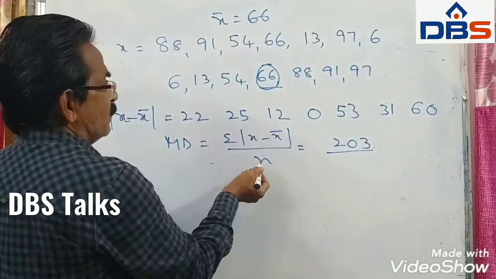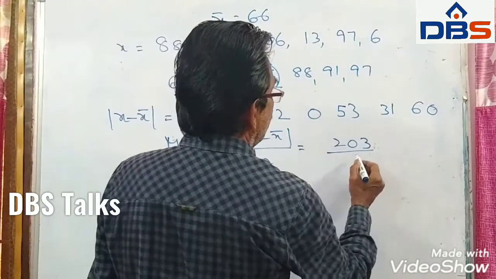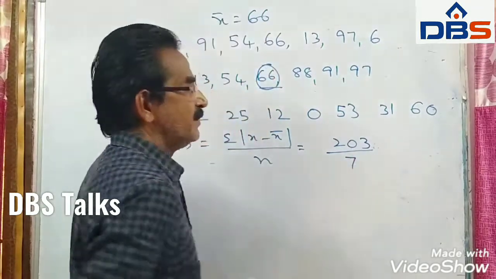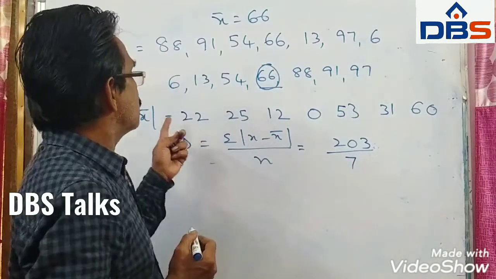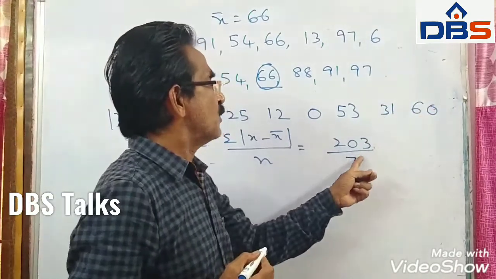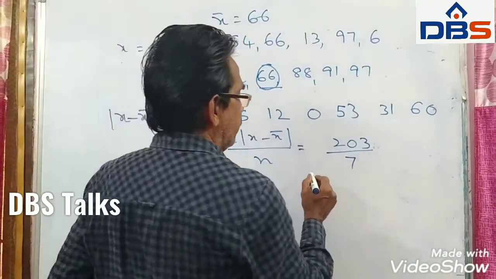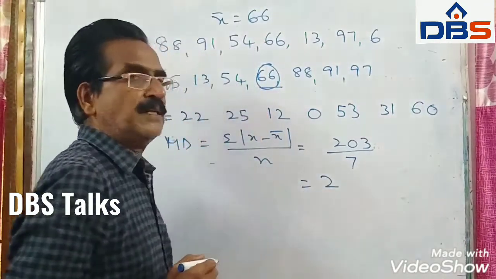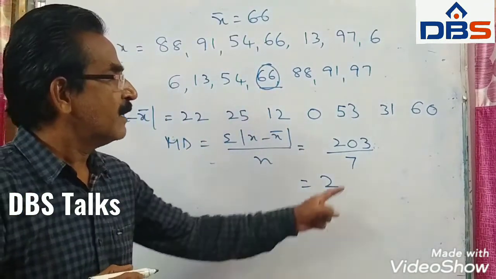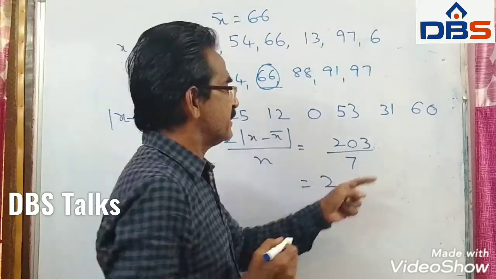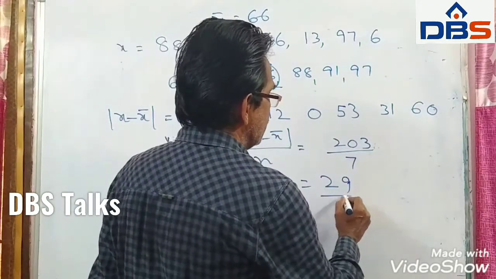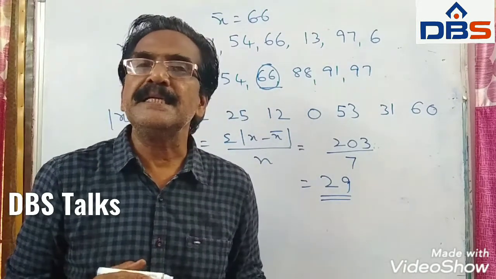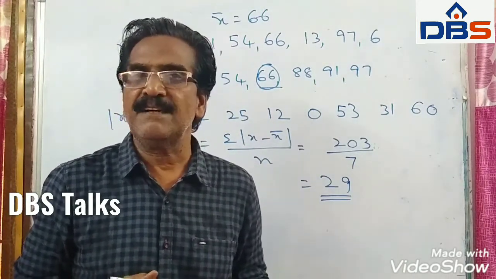Total values are how many? 7. 203 by 7. By doing 203 by 7, 7 2s are 14, 6 remains, 63, 7 9s are 63. So 29 is the mean deviation of the given data, friends.